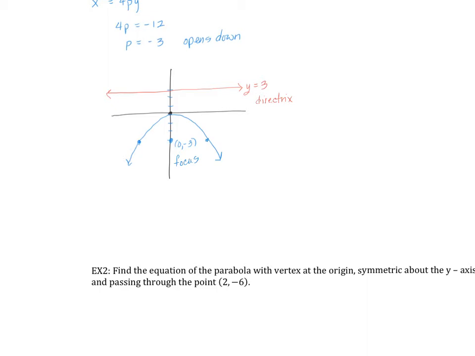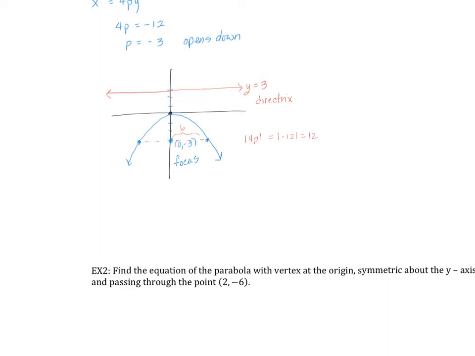So although this is not part of the graph, if you look at this imaginary line, the distance of that whole piece is going to be the absolute value of 4p. So in our case, p was -3. So it's the absolute value of -12, which is +12. That would be the complete distance. So if I just look at half the distance, this distance here should be 6.